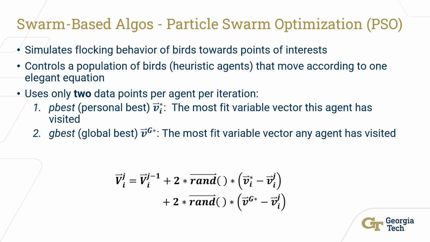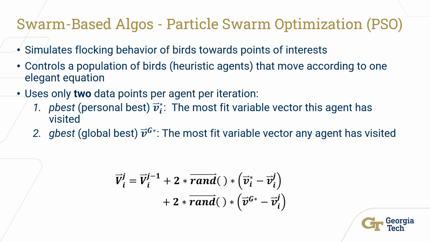And the second, gbest, or vg star, is the most fit variable vector that any agent has visited. In this equation, rand is a random vector with elements distributed uniformly between 0 and 1. The coefficient of 2 ensures that there is an equal probability of the agent undershooting and overshooting its target.